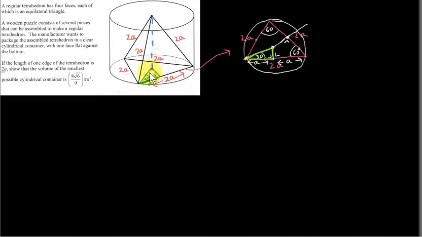What we can do is get the other two sides of this right angle triangle. That will help us get the height of the tetrahedron. Actually, the best thing to do is to calculate this here, because if we know this, we can get the height.